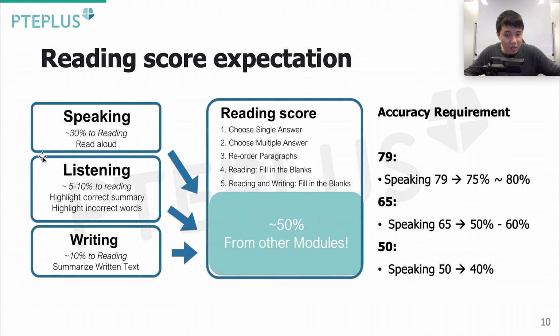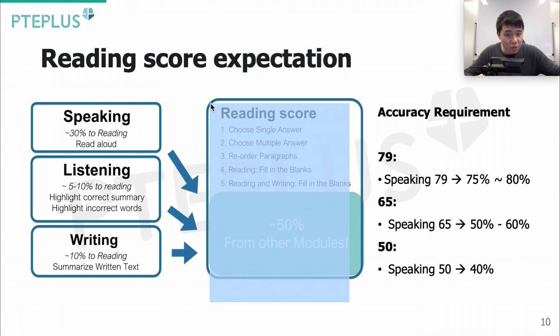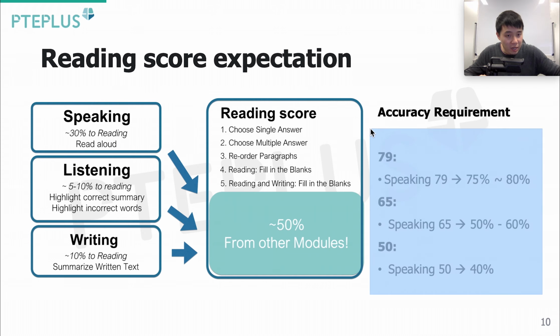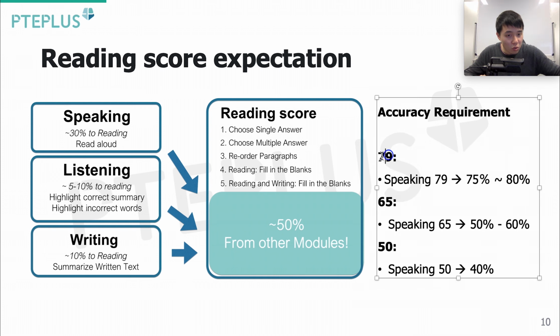And also we need to pay attention to our summarized written text, and also highlight correct summary and highlight incorrect words. The 5 question types in reading contribute to the reading score for about 50 to 55%. And here is a recommendation of your accuracy for you to maximize the chance of getting your desired band.